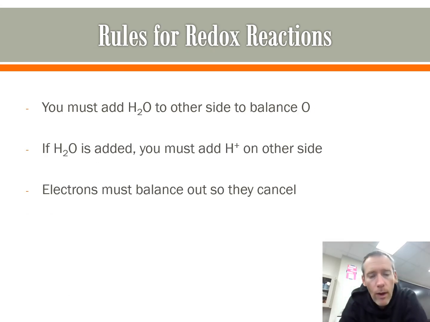All right, so when do you need to add other aspects to half reactions? Sometimes half reactions aren't as nice as the previous examples. Once you have oxygen on one side, you have to add water to the side that doesn't have oxygen, and then you have to add hydrogen, which is H+, on the other side.